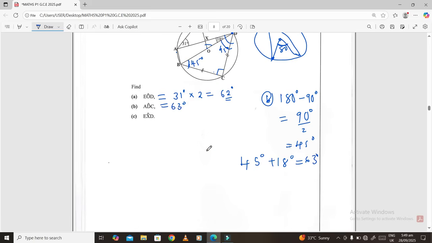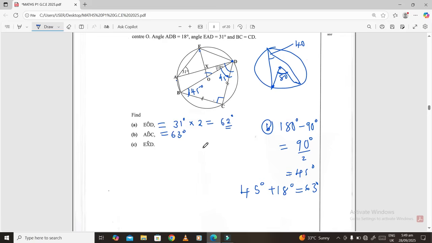We go to the last question, which looked a little bit confusing, but it's not. For us to find this angle, because they said we find angle EXD, we are looking for this angle. So we're going to say 180 degrees minus the sum of the two angles, 62 degrees plus 18 degrees.